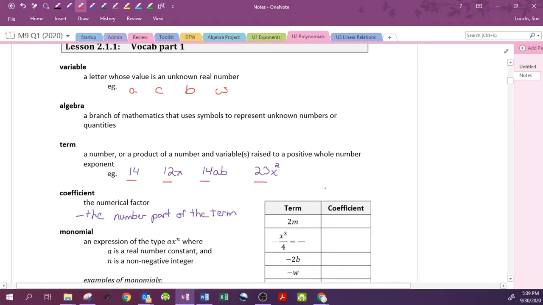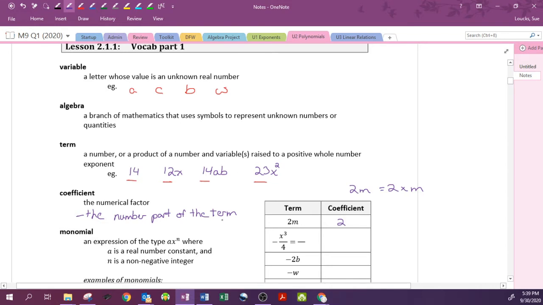So let's do some examples over here. If the term is 2m, the coefficient is 2. And remember, 2m means 2 times m.